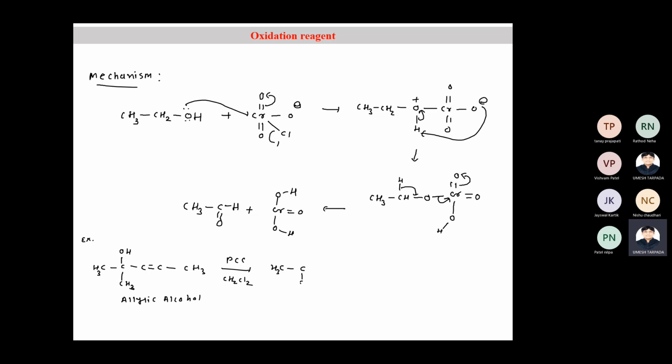CH3 C CH3. This double bond comes to here. 1, 2, 3. And here this carbon number 2 gets converted, 3 gets converted to the carbonyl carbon.